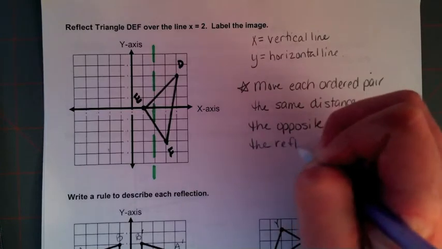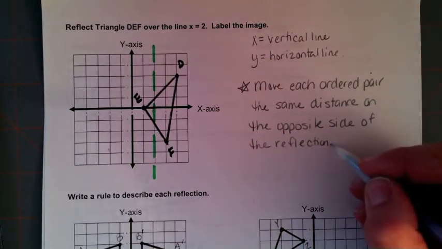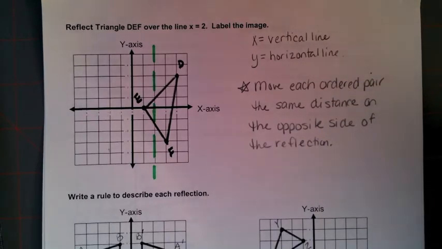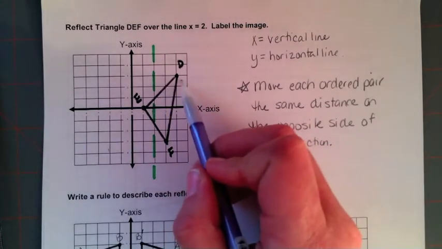So this is kind of what we looked at doing on the first two examples after we went ahead and looked at multiplying the coordinates. This is probably the easiest way to do your reflections when you're doing it over a line that's not an axis. So notice here, let's look at point D.